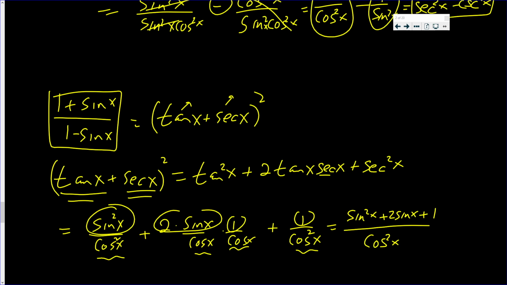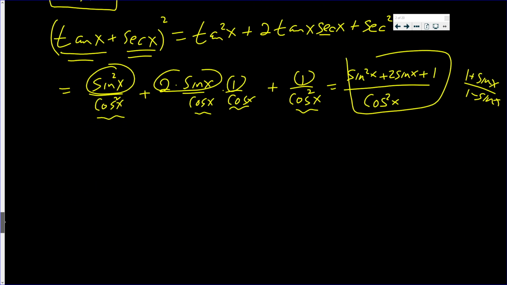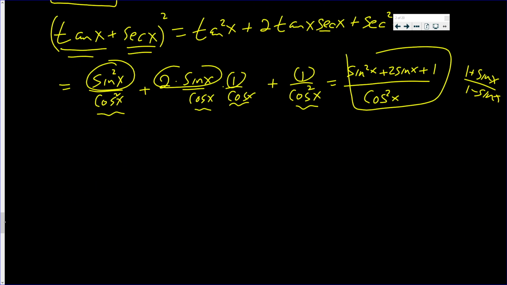Now, I just want to write it down over here. I want this to look like what I just wrote. Then I start to think. This denominator is 1 minus sine squared x, and that's the difference of squares.